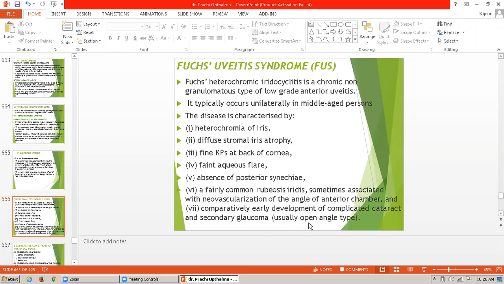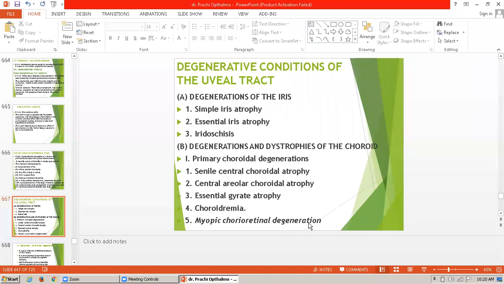So this is all about the Fuchs uveitis syndrome.